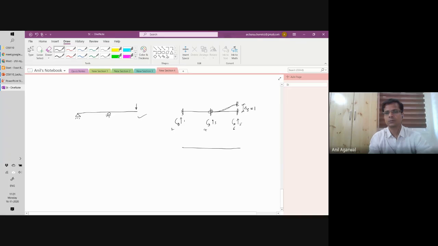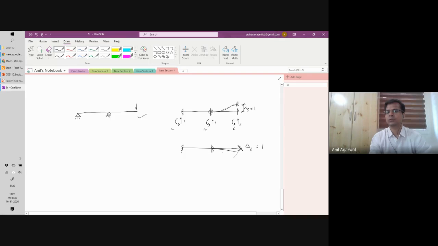Similarly here, I have restrained it here. I have restrained it here. And here, instead of restraining it, I allow it to rotate in a counterclockwise direction. Delta 6 is equal to 1.